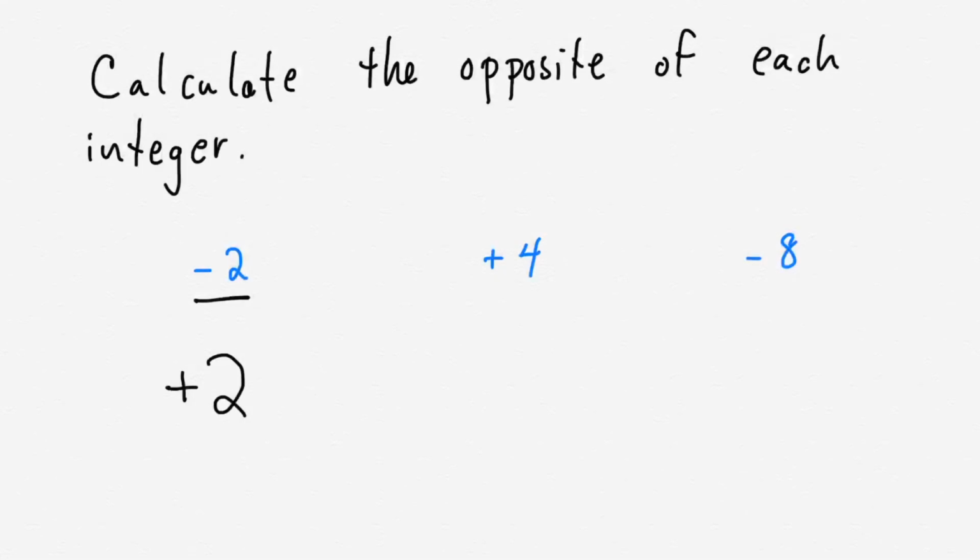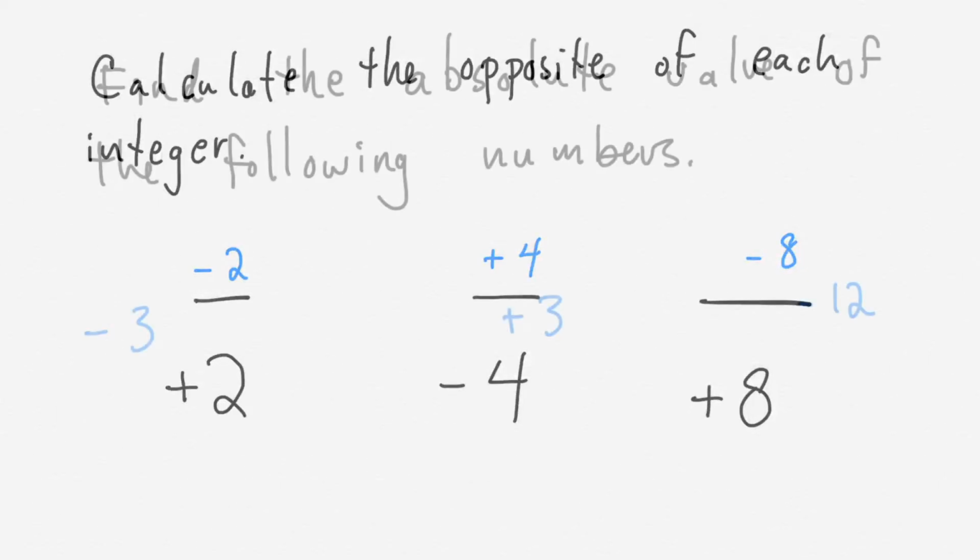Again, with this +4, all I have to think about is the sign. So I just need to change the sign to a negative, and I copy out the absolute value. Finally, this last one, we're looking at that negative 8. So I'm going to change that negative into a positive and copy the absolute value again. And that's it. Simple as that.